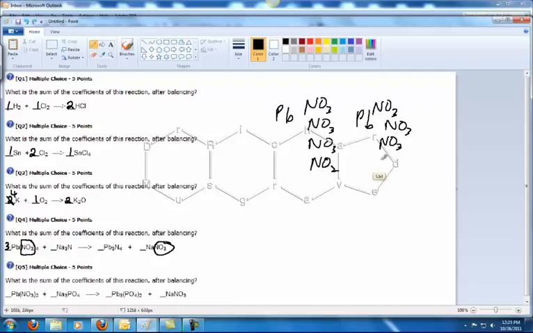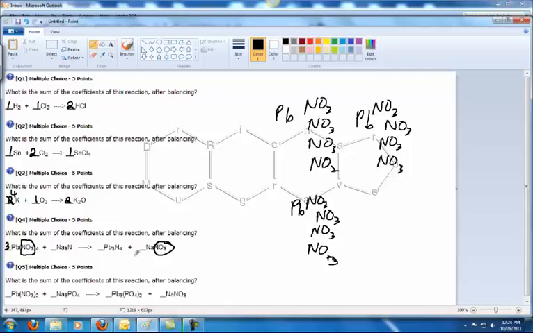And this will be 3. So that's what 3 PbNO3 would look like. And you can see that there's a total of 12 NO3s there.